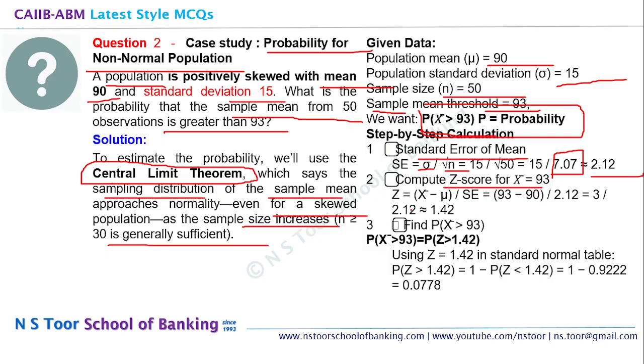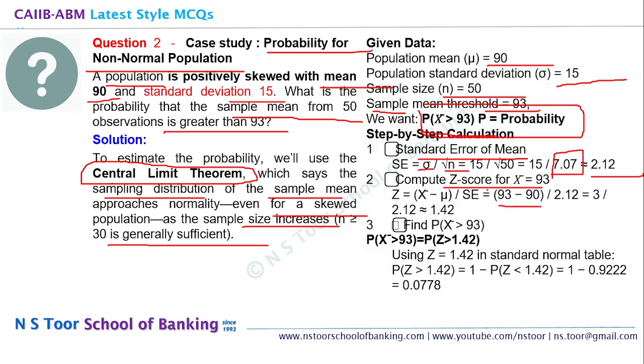Z is equal to X minus mu divided by standard error. That is 93 minus 90. What is 90? Population mean. So 93 minus 90 divided by standard error.